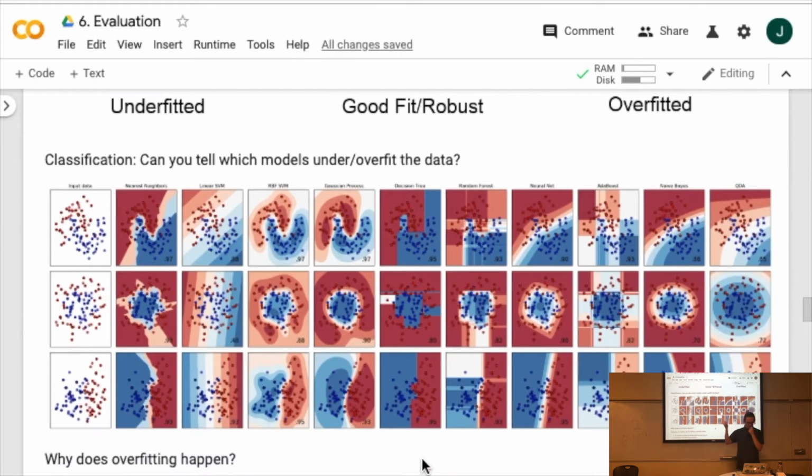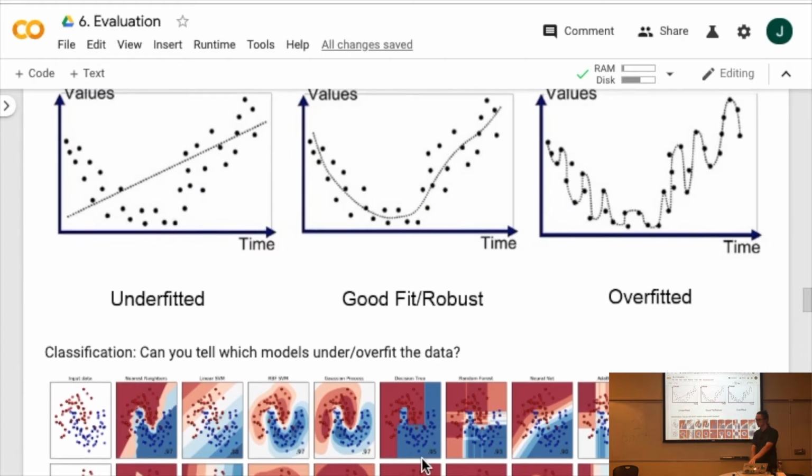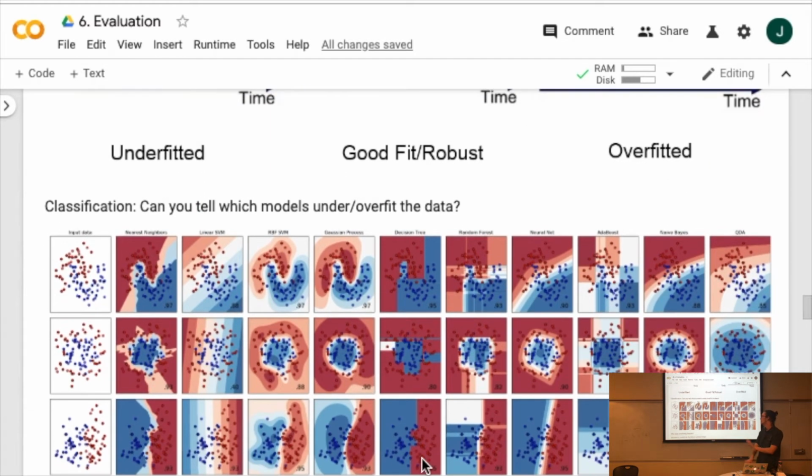All right, so here's this plot from before, and it's kind of a question: can you tell which models have underfit or overfit the data? So remember, this is what underfitting or overfitting looks like, but this is from a two-dimensional view, from the top looking down. So the 3 rows are 3 different datasets. So here's our data.